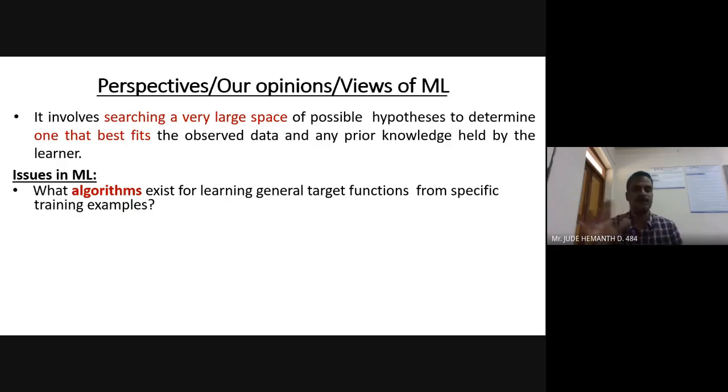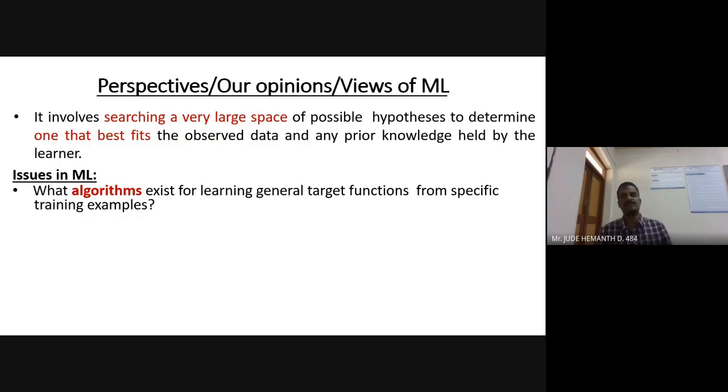What algorithms? We are going to see many machine learning algorithms that exist for learning general functions from specific training examples, right? That means a specific training example. I'm giving my face image. Later on, when I grow some beard, when I wear spectacles, when I change my hairstyle, can the algorithm still recognize me?